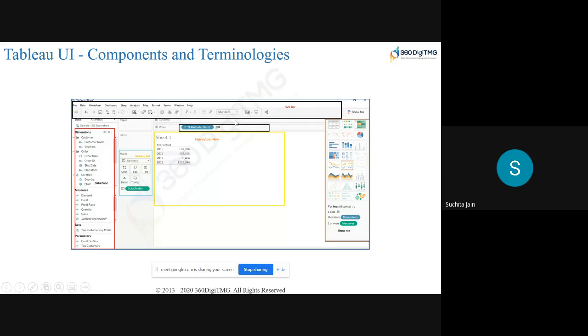Now, here is how your dimensions and measures are represented in the visualization area. And this is the Show Me panel. It is a very important aspect of Tableau because all your graphs and charts are here in the Show Me panel.